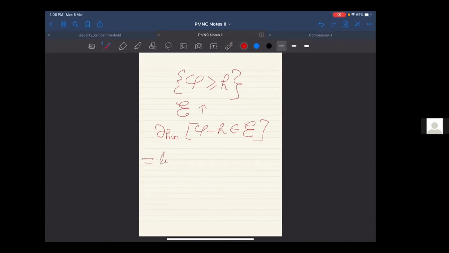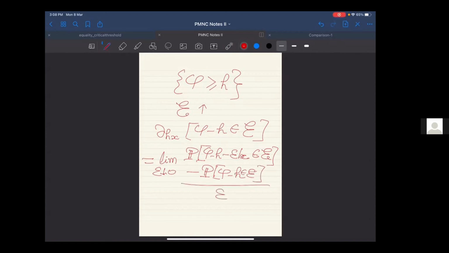So you get, by monotonicity, the limit as epsilon goes to 0 of the probability that phi minus h minus epsilon 1_x, you just change it at one point, belongs to the event, minus the probability that phi minus h belongs to the event, divided by epsilon.